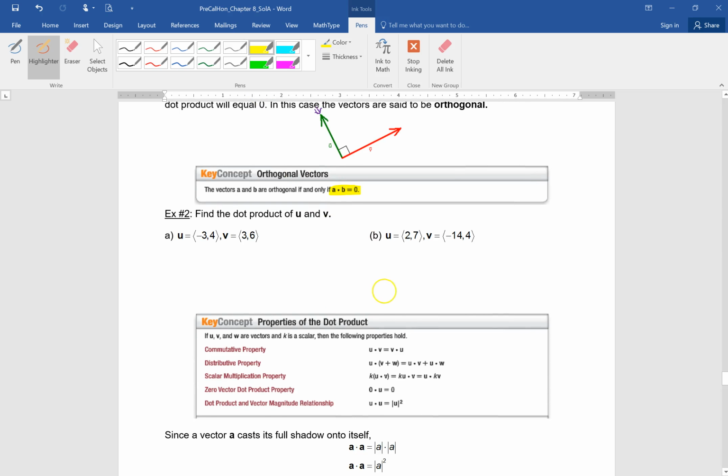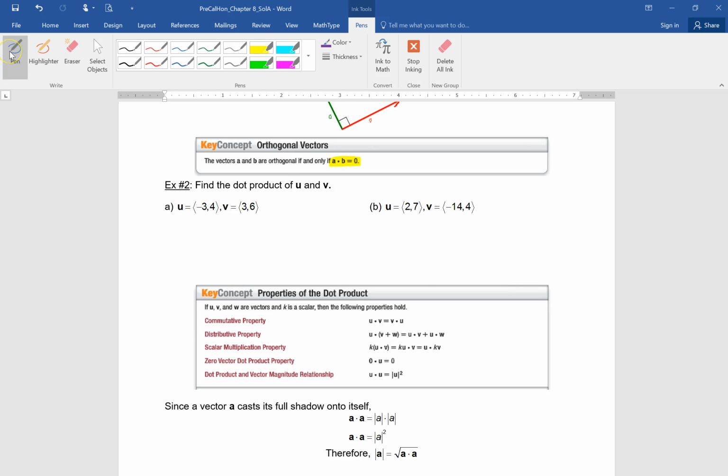All right, so let's do some dot products. Find the dot product of U and V. U dot V is going to be, no more components, negative 3 times 3 plus 4 times 6. You multiply the first ones and you multiply the last ones and you add them. It's like if you had a row matrix and a column matrix.